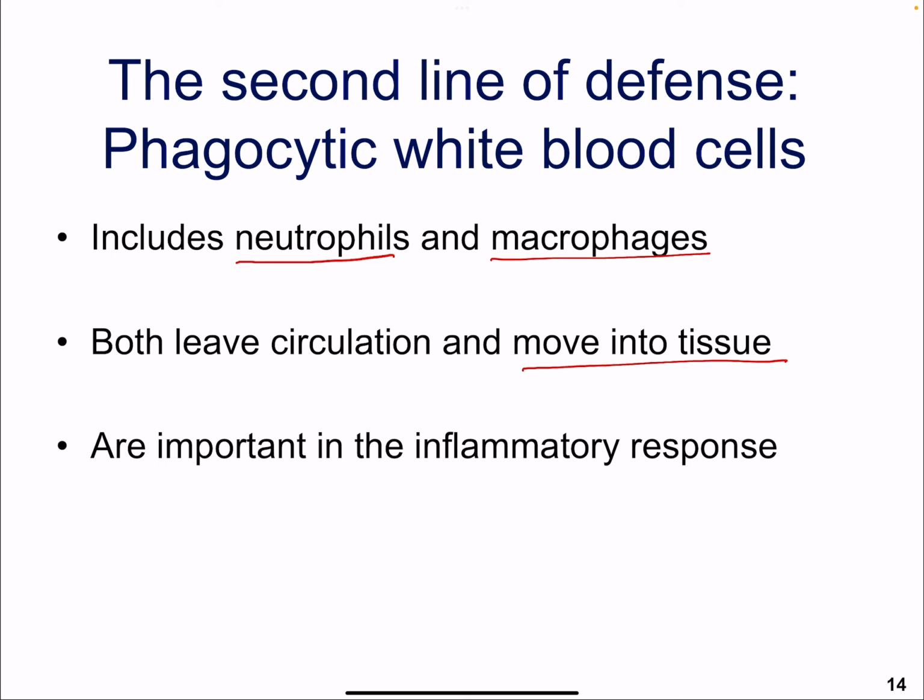Remember about diapedesis, right? Where the cells are able to squeeze between epithelial cells in the capillary level, right? So that they can go in the tissues. And these cells are also very important for the inflammatory response.